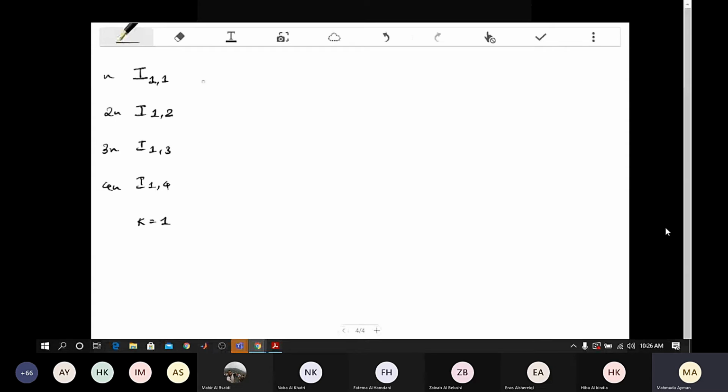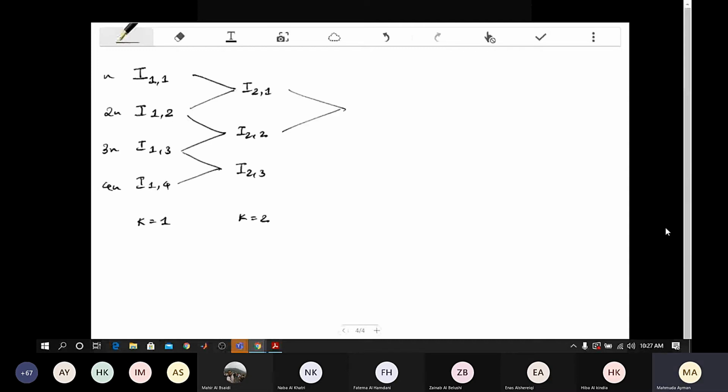Now if we use these to approximate, for the next part we have k equal to 2. So we have I with k equal to 2 and j equal to 1. When we approximate the next one, we have I equal to 2 comma 2, where j increases to j plus 1. And here we have I equal to 2 comma 3.